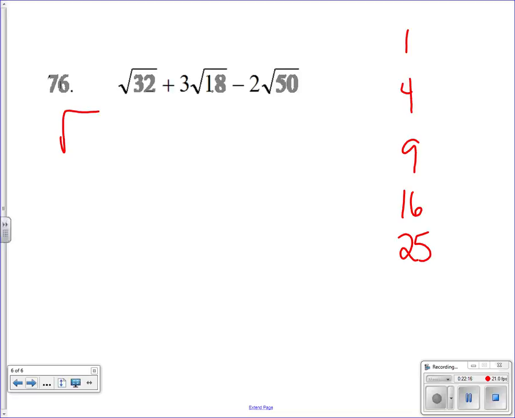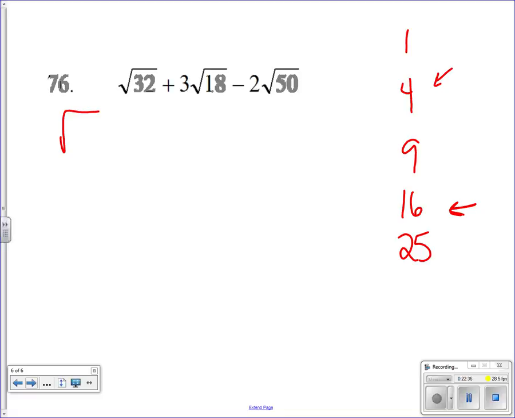Now, we know that we can also do 4, but as you're doing good and garbage, your goal is to try to use the biggest one, because trust me, it does make your life easier. And if you try 4, you're going to see why. So doing our good and garbage, we can break that up into 16 and 2.